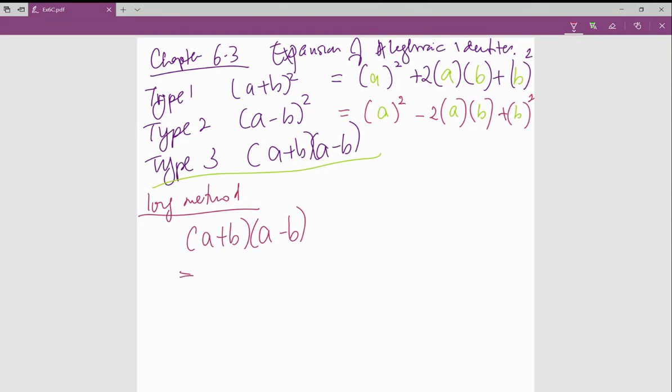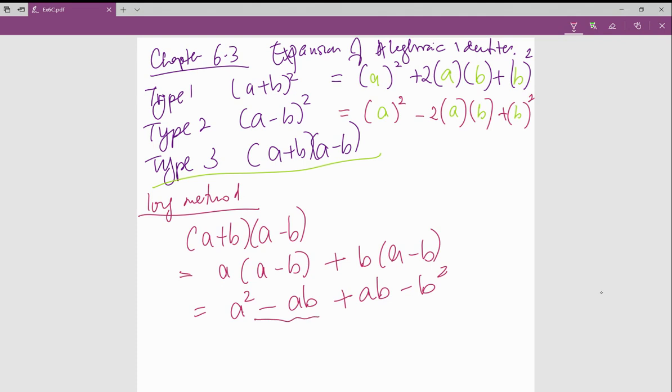If I were to expand this, it is a(a minus b) plus b(a minus b), which gives a squared minus ab plus ab minus b squared. You'll notice that it will cancel off. You are left with a squared minus b squared. So the formula is, when you have (a plus b)(a minus b), it is just a squared minus b squared. That's it.